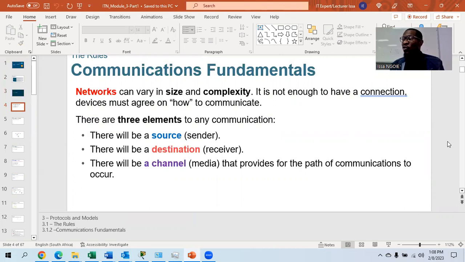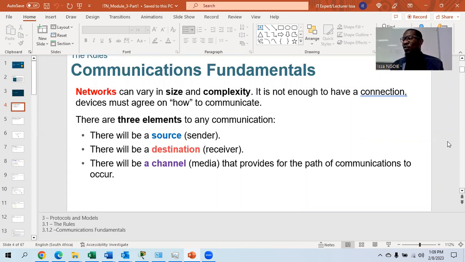When we are talking about networks, you need to understand that there are various sizes and complexities, and we discussed that. But what you need to understand is that when you are dealing with networks, those computers that are going to be connected will use specific languages, specific rules.